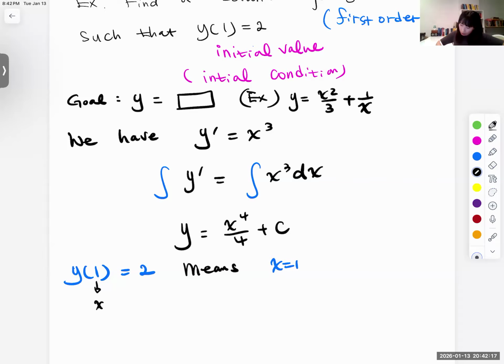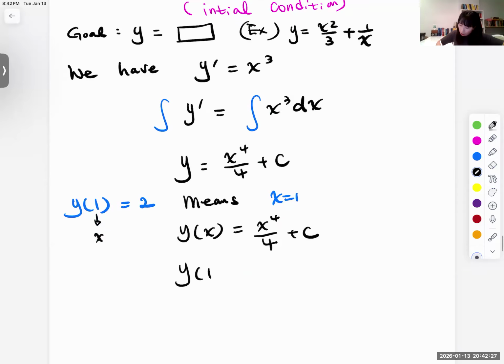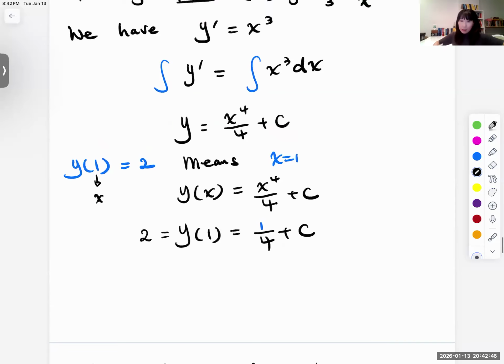Okay, so we have y of x equal to x to the 4 over 4 plus c. Then y of 1 equals 1 over 4 plus c. Then in that case, we have y of 1 equal to 2, right? Okay, so we can find such a c.